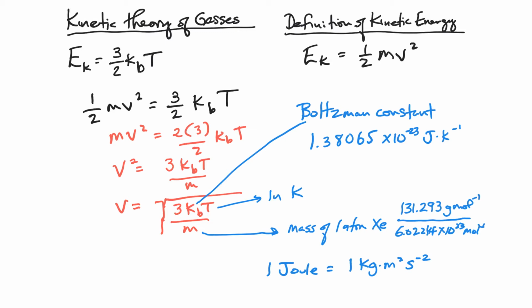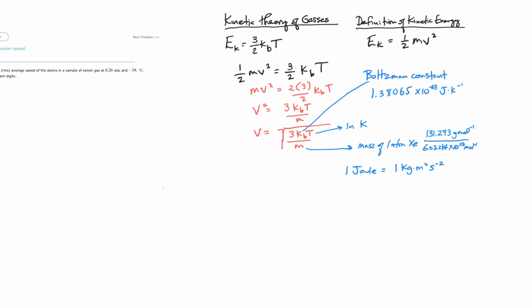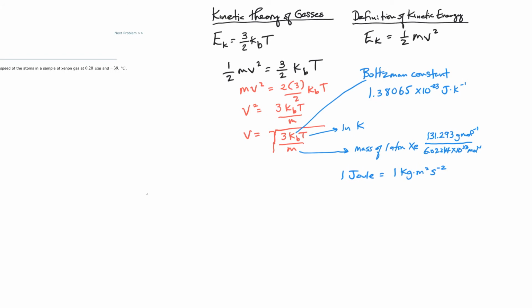All right, so let's put this together and see what we can do. Remember, we're in a square root here. So I've got the square root of 3. Now Boltzmann's constant.